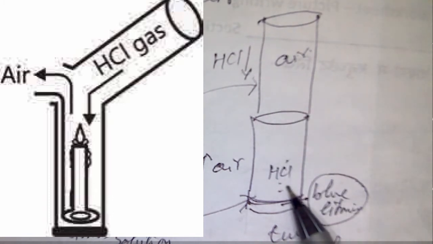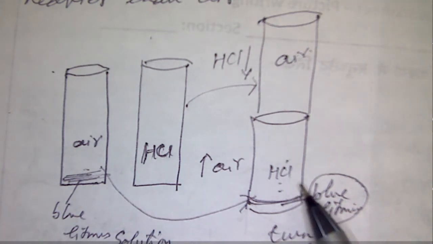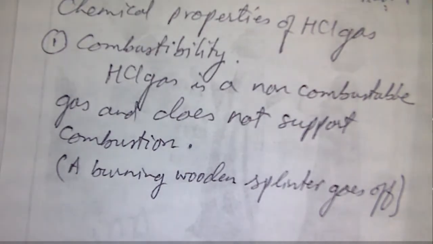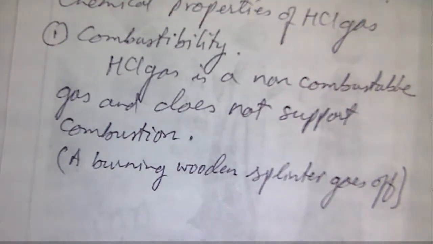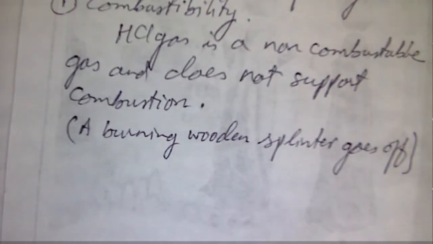HCl gas is non-combustible, and therefore the candle will be extinguished. Clear? So if the candle is extinguished, that means HCl gas has reached downwards. So you can use either blue litmus solution or a burning candle. Clear? So this was combustibility.